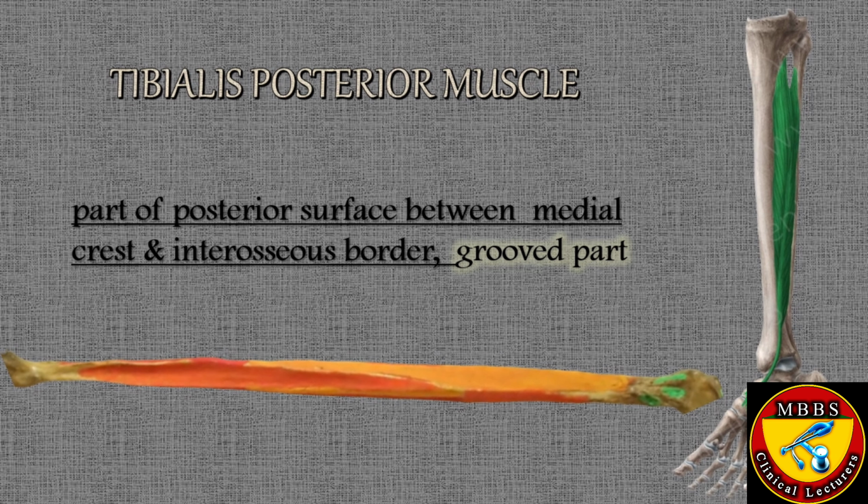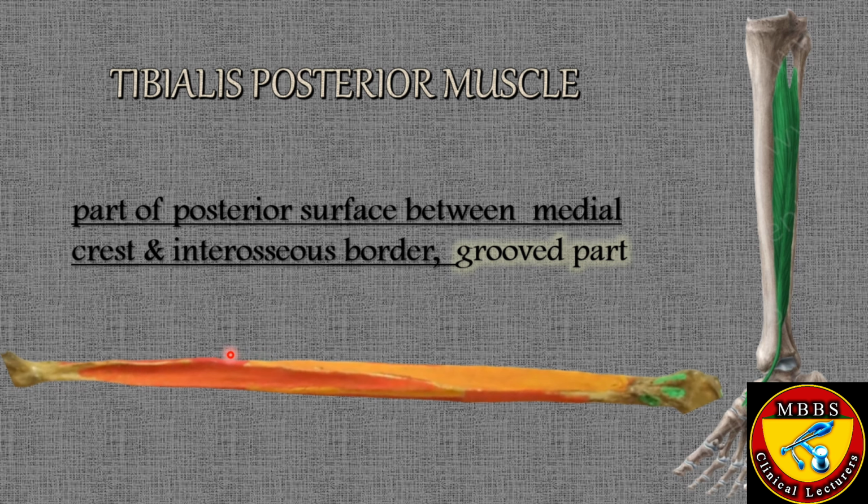Tibialis posterior muscle takes origin from the part of the posterior surface between the medial crest and interosseous border, the grooved part. This is the medial crest and this is the interosseous border, and between them, highlighted in orange, is the grooved part of the posterior surface which gives origin to the tibialis posterior muscle.